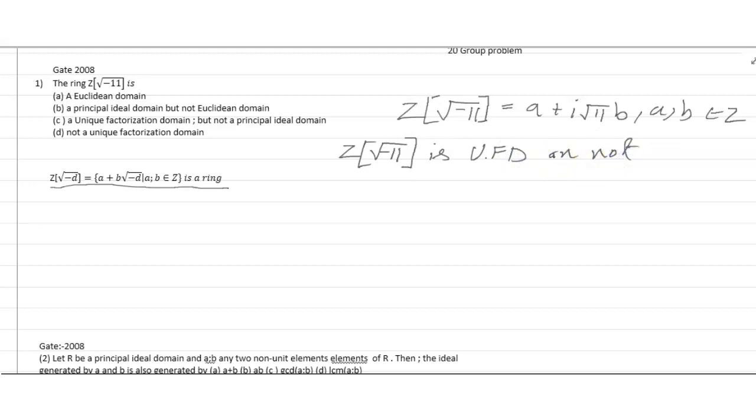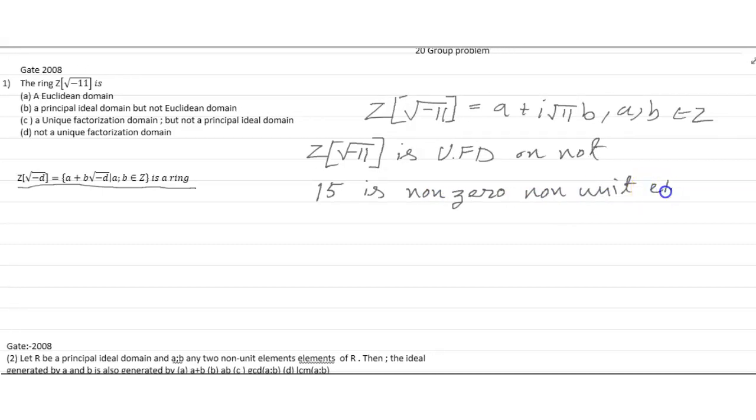So friends, you will see that 15 is a non-zero, non-unit element. 15 belongs to Z[√-11], as 15 + √-11 times 0, this form I can write.